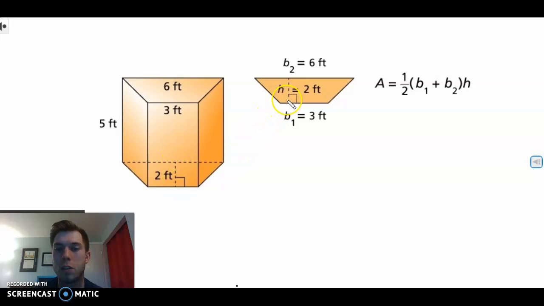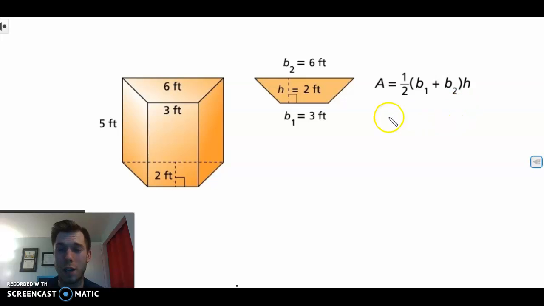Now we want to apply the formula for area of a trapezoid, which, if you recall, is this long, somewhat nasty formula where area equals one half multiplied by the quantity of base 1 plus base 2, and then multiplied by the height.